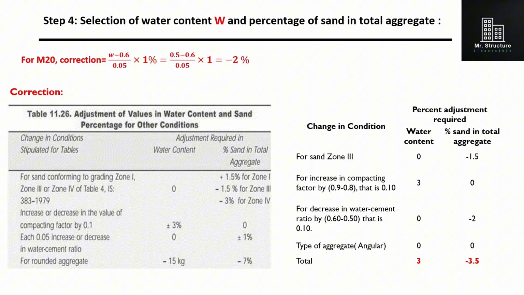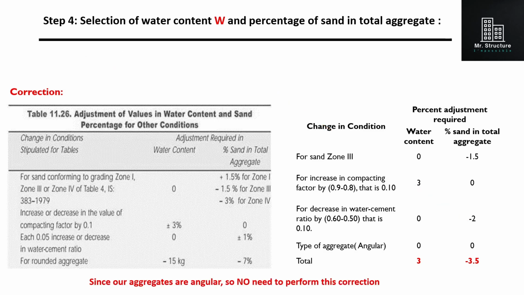In our case, W is equal to 0.5. Therefore, (0.5 minus 0.6) by 0.05 into 1 becomes minus 2%. Also, there is no correction for water content in this case. Since our aggregates are angular, no need to perform the last correction.